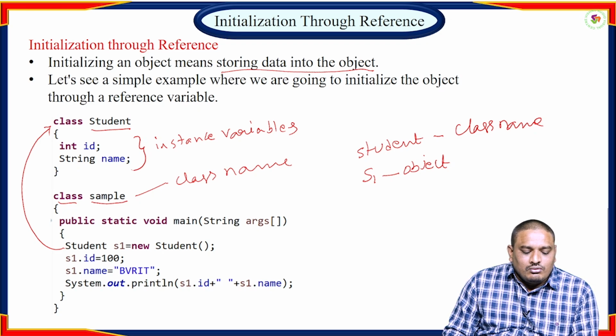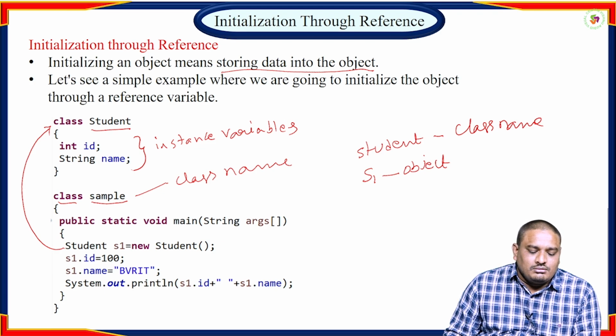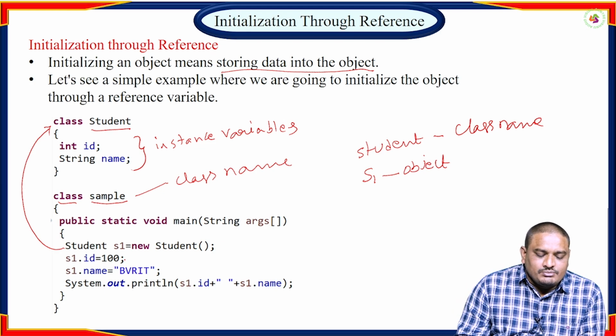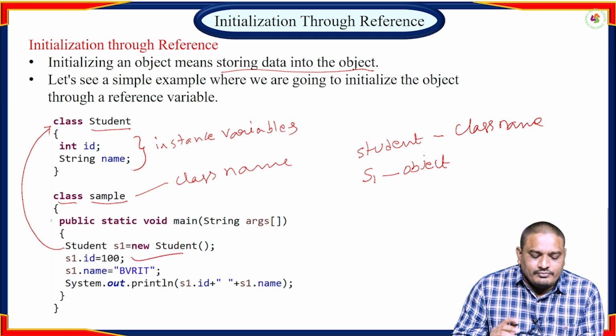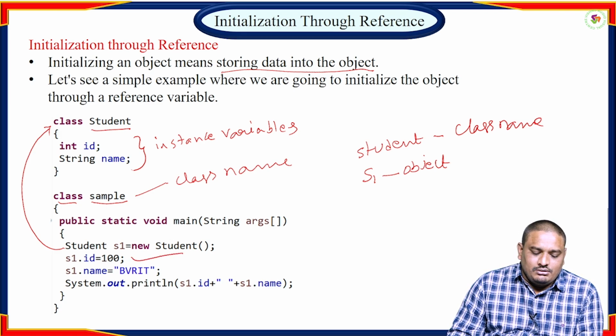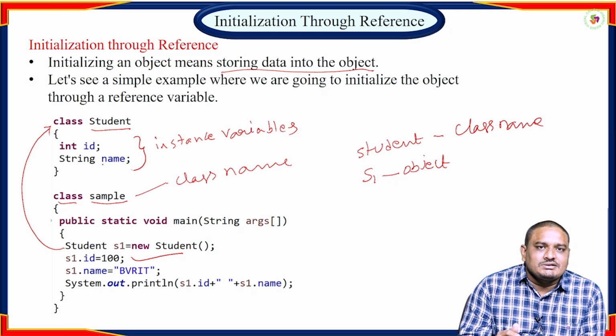Now we can access the value by using the reference variable. This value can be accessed by using the reference variable s1.id. The next variable is name. We are assigning some value to the name.